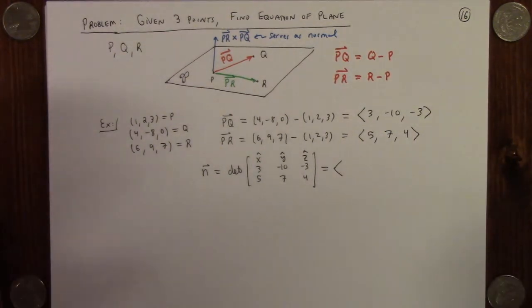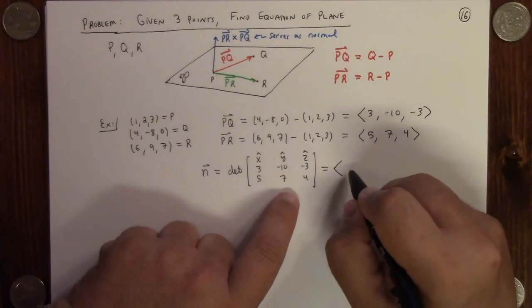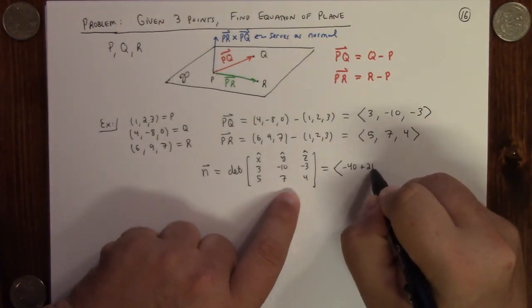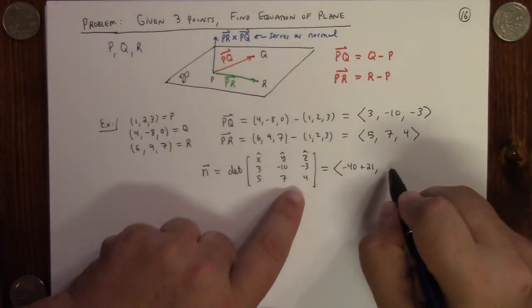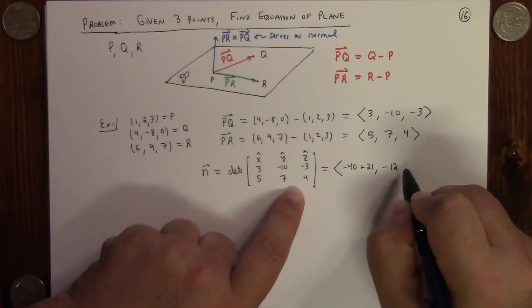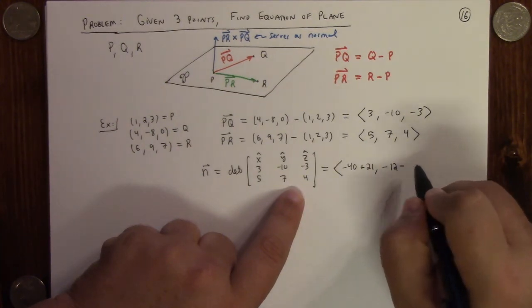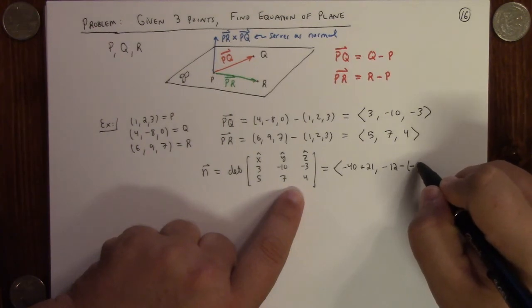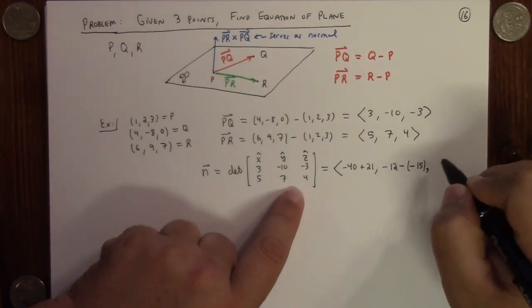All right. So what is that? For the x hat one, I get minus 40 plus 21. I get minus 12 minus a minus 15. Always watch out for that sign.